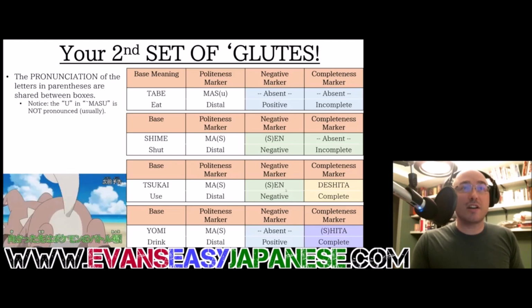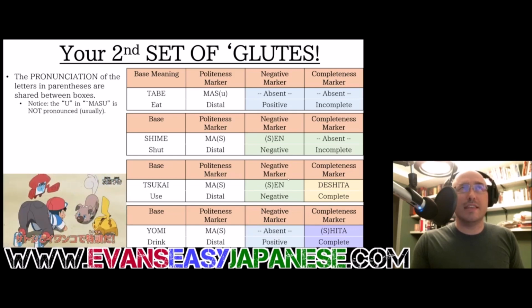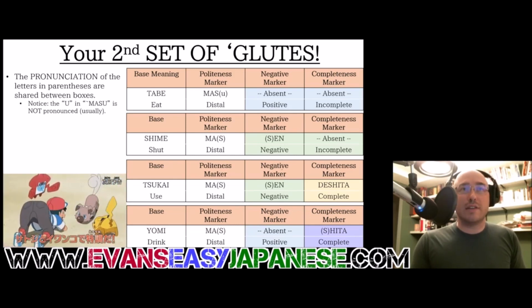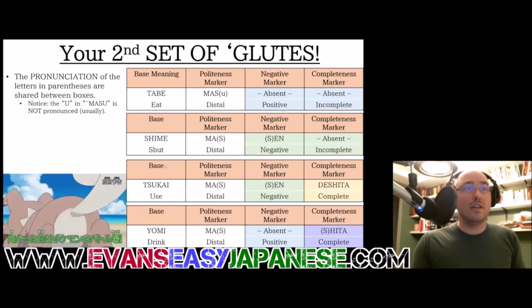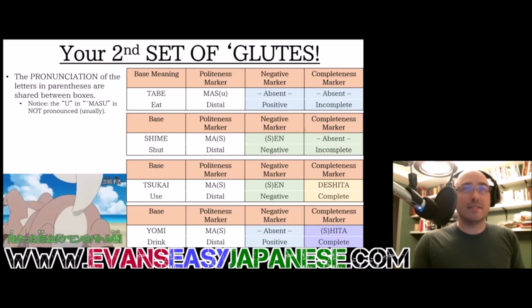But here, the negative marker is not absent. It is there. I'm using the color green to make it easier on you. So that means negative. So shimemasen, negative. Tsukaimasen, negative. Tabemasu, positive. Yomimasu, positive.